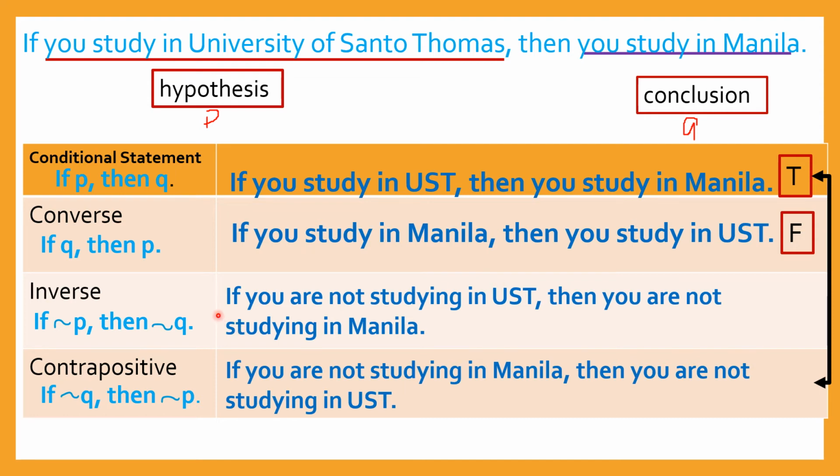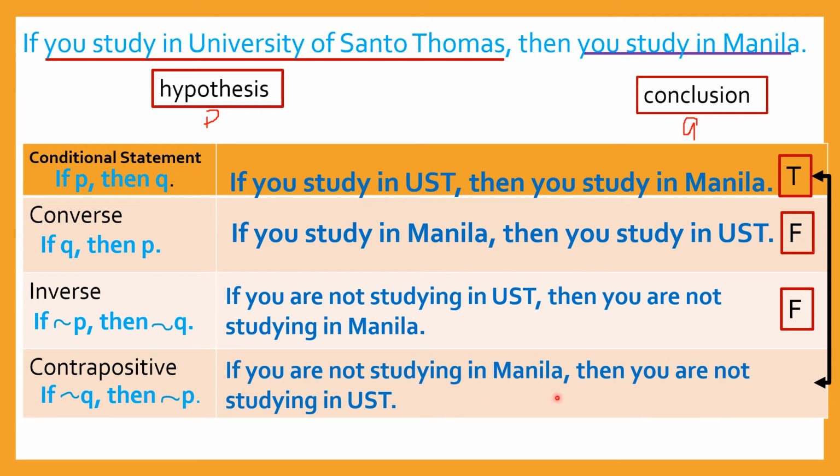Next, what about the inverse? If you are not studying in UST, then you are not studying in Manila. This is also false because you might not be studying in UST, but you are still studying in Manila. It means you're studying in another university. What about the contrapositive?